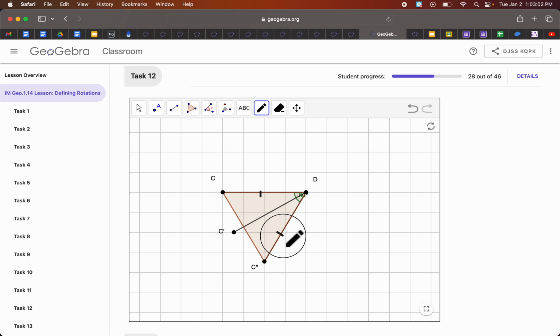1, 2, right? And we also know that the angles across from those sides are also equal. So the angle that's across from this side, this angle right here, and the angle that's across from this side, this angle right here, are the same. Okay?